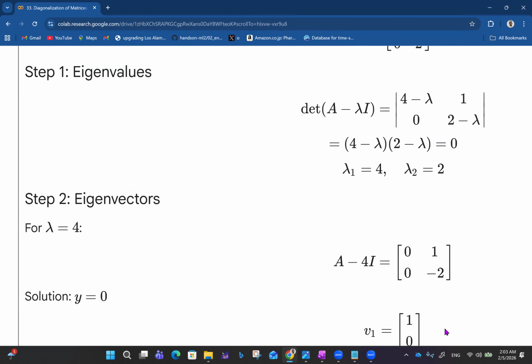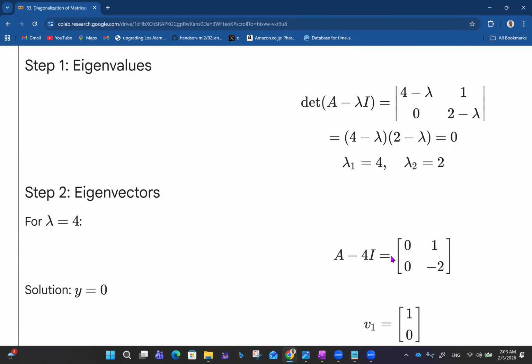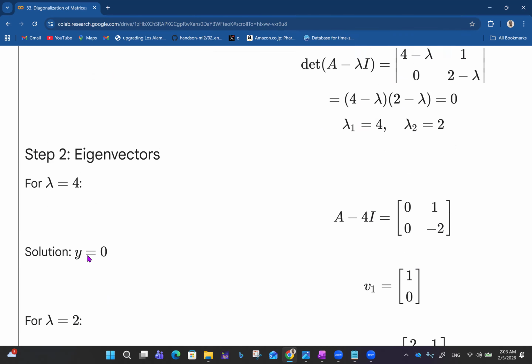So let's go for eigenvectors now. If you start with lambda equals 4, then A minus 4 times I. Here we have 4 minus 4, which is 0, then this is 1 here, this is 0, 2 minus 4 is minus 2. Then the solution is y equals 0.